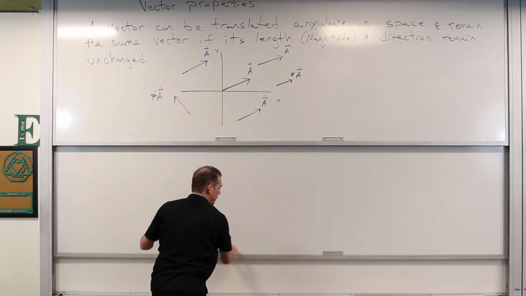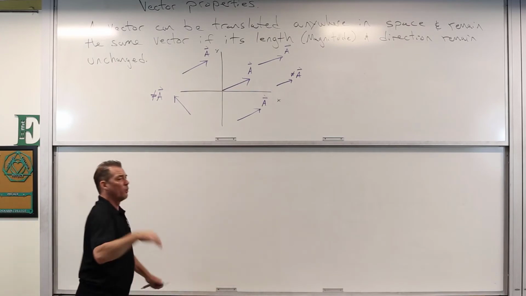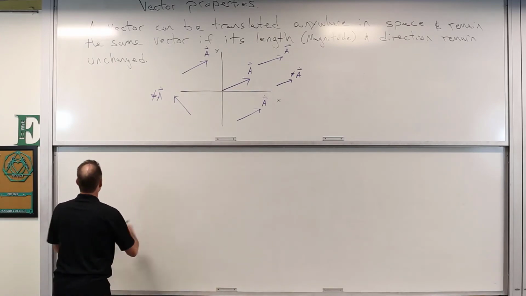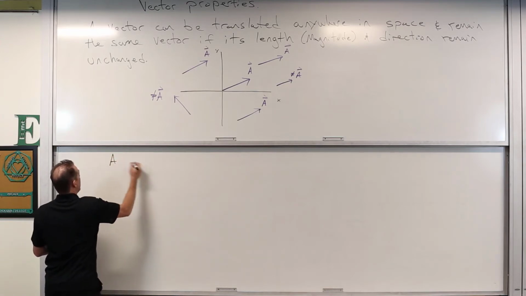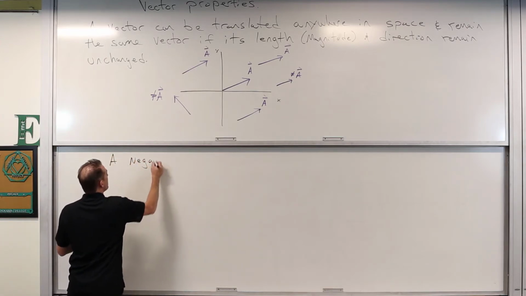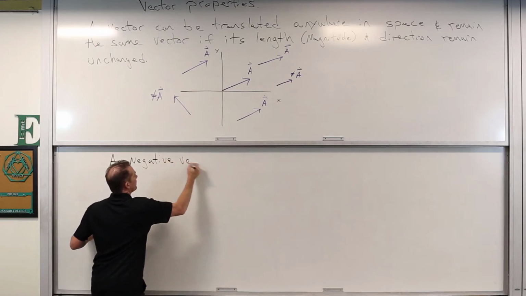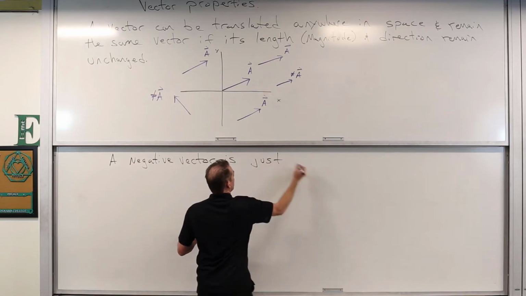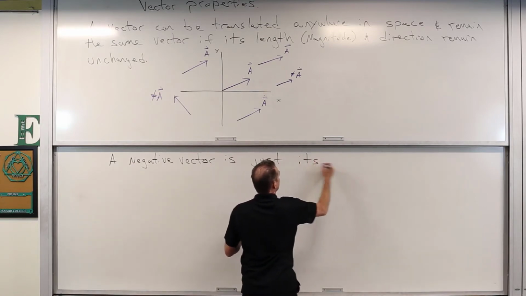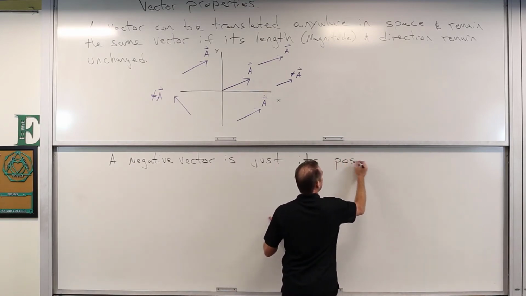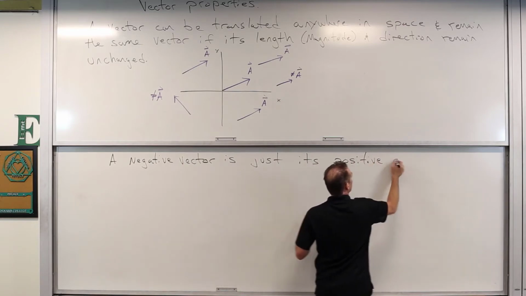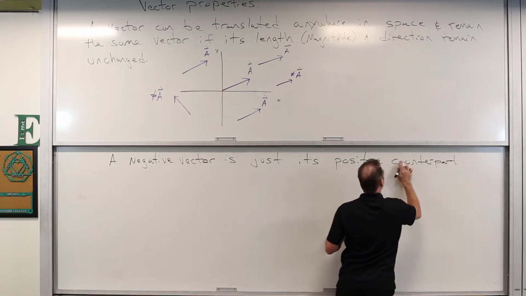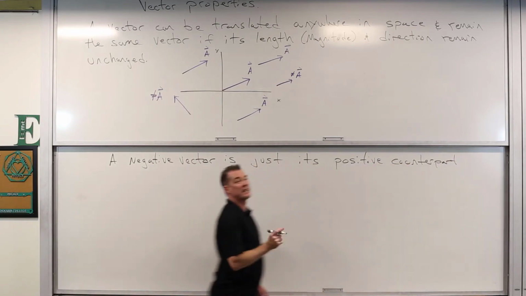Another property that we want to focus our attention on is, well, what does it mean to have a negative vector? A negative vector is just its positive counterpart pointing in the opposite direction.